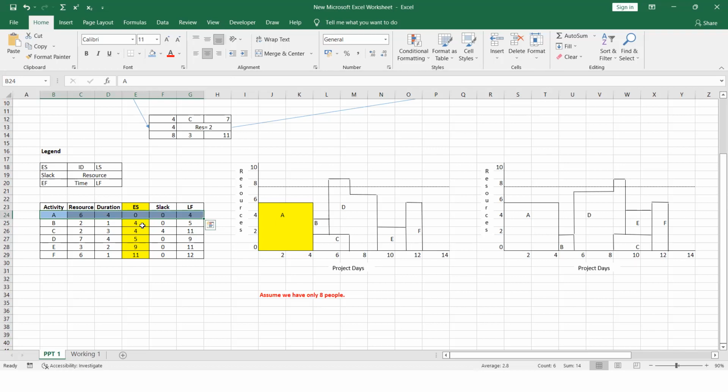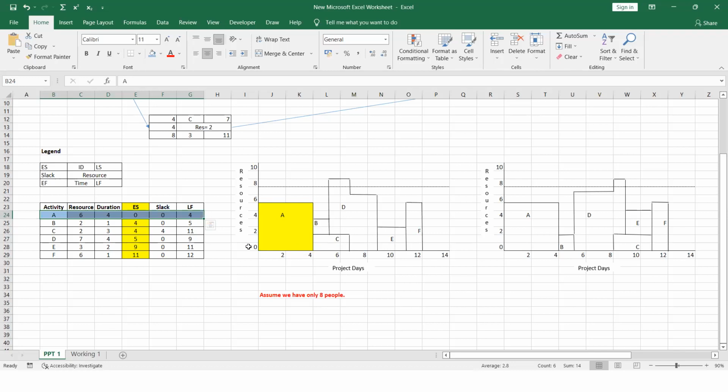It is 4 for the B and C. For the B, the resource required is only 2. And for the C, resource utilization is also only 2. Therefore, I will take the C activity first.